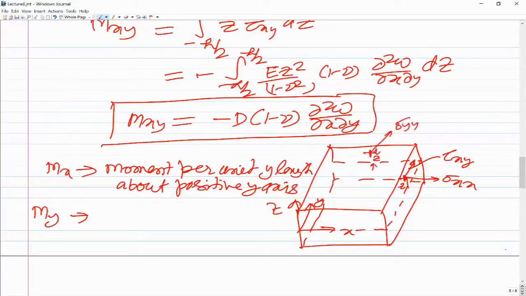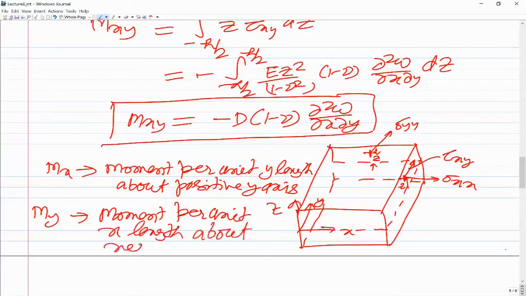If you multiply this sigma y with z, it gives you the moment about the negative x-axis. So this is the moment per unit x length about the negative x-axis. That is the interpretation of my.